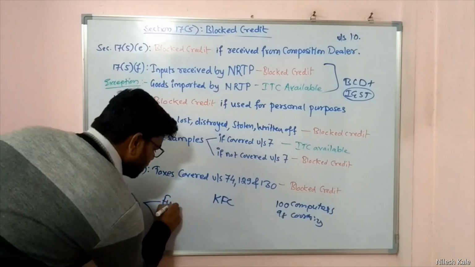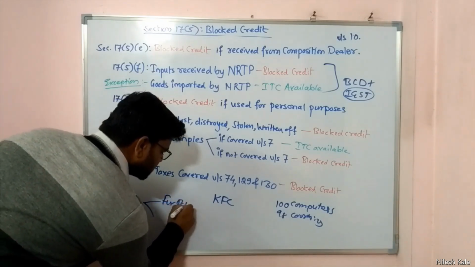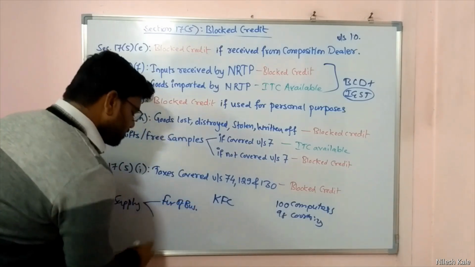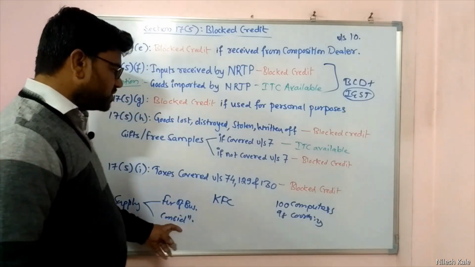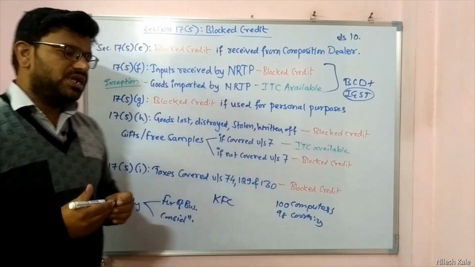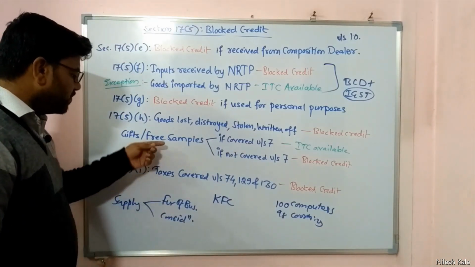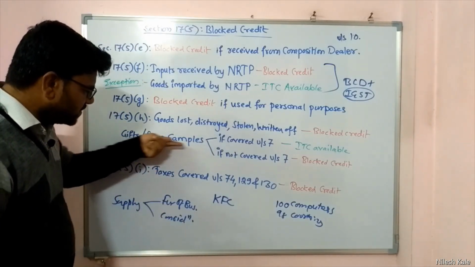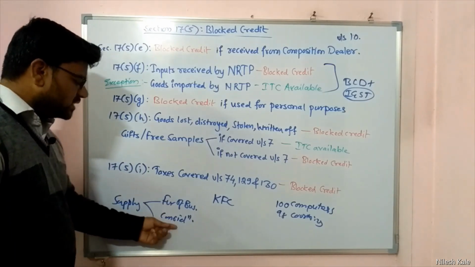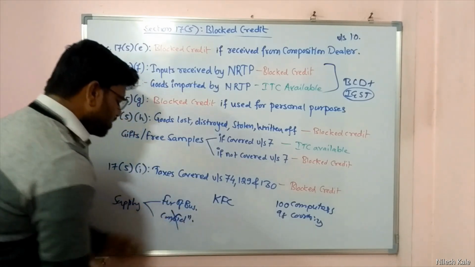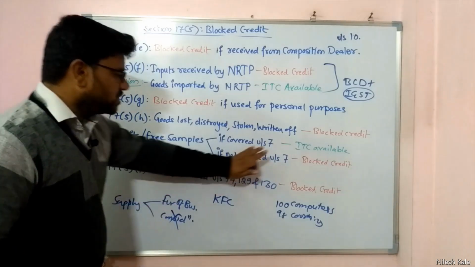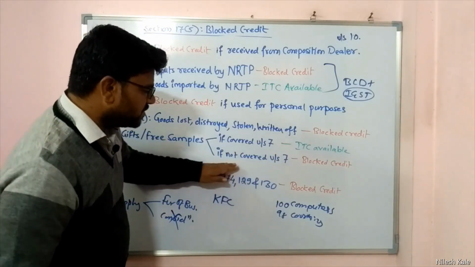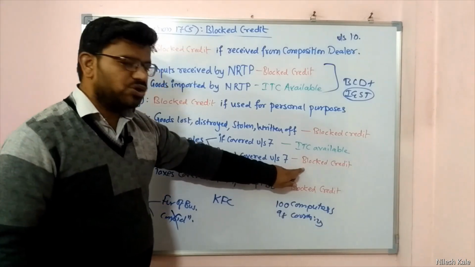It should be in the course of furtherance of business, and it should be for consideration. Consideration must be taken. Without consideration, we do not call it a supply. Now we call it free samples. If it is a free sample, if it is a gift, then consideration is not available. If consideration is not available, then it is not a supply according to section 7. If it is not covered under section 7, then it is blocked credit.